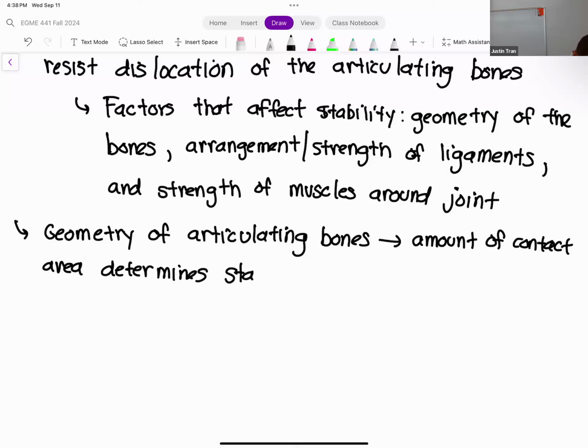Generally, the more contact area there is between the bones at the joint, the more stable it's going to be.